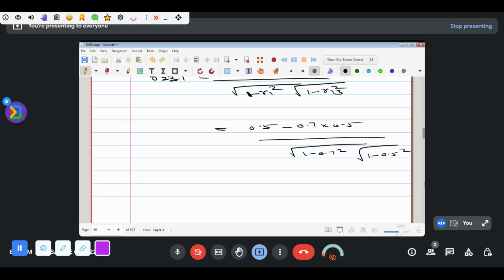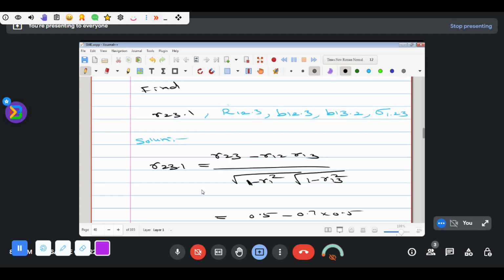Then easily we will get this result, 0.2426. Using the calculator, check this result is the R23.1 result. So the first question is completed.